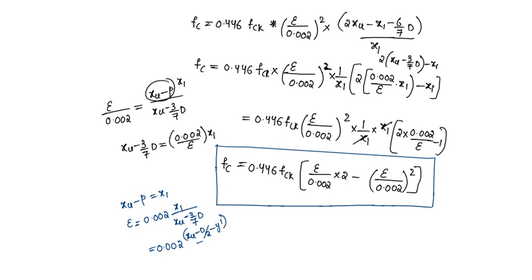So xu minus d by 2 minus y bar by xu minus 3/7 of d is our expression for epsilon.